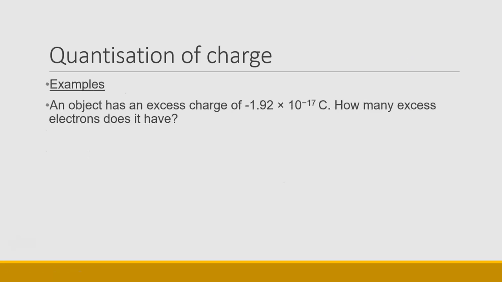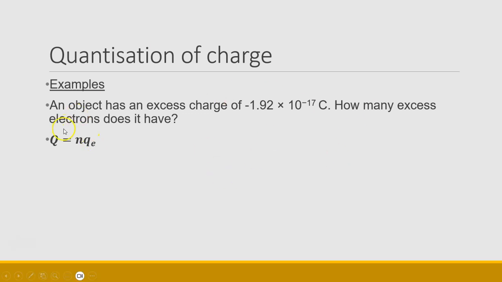An object has an excess charge of minus 1.92 times 10 to the minus 17 coulombs. The fact that it has an excess negative charge means that it has an excess of electrons. How many electrons does this total charge relate to? Our formula is Q is equal to N times Qe.